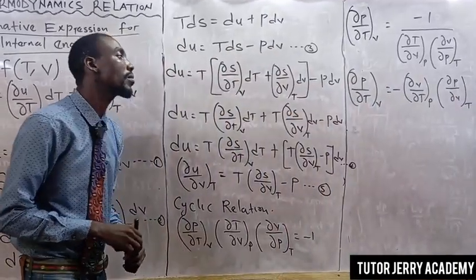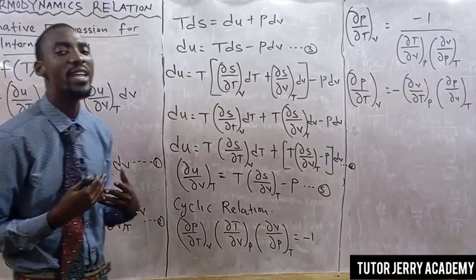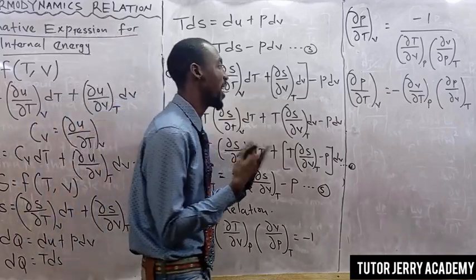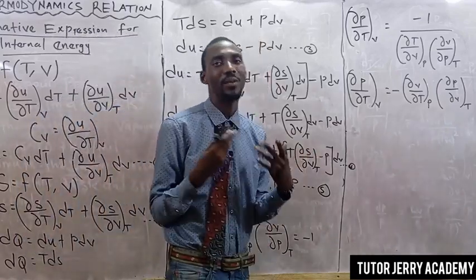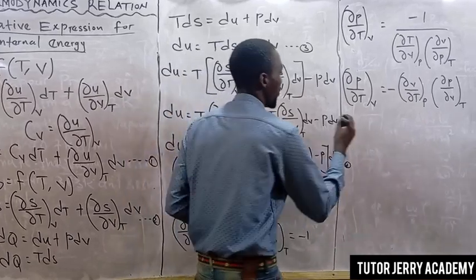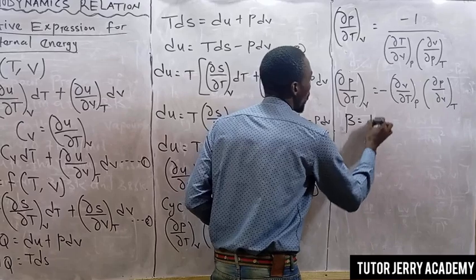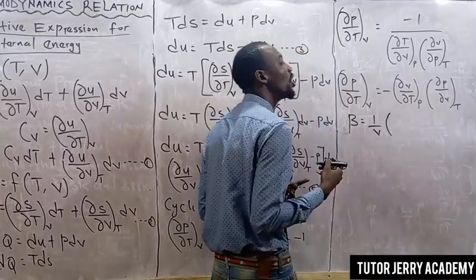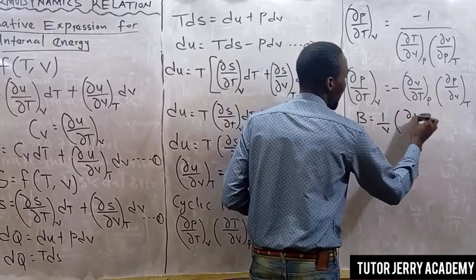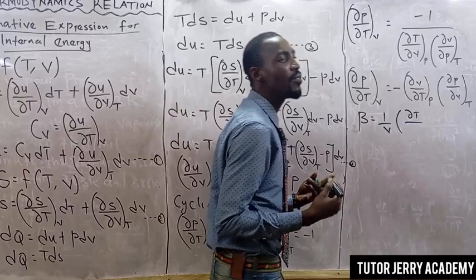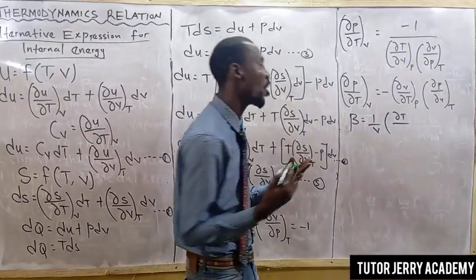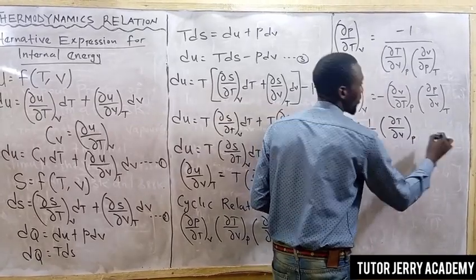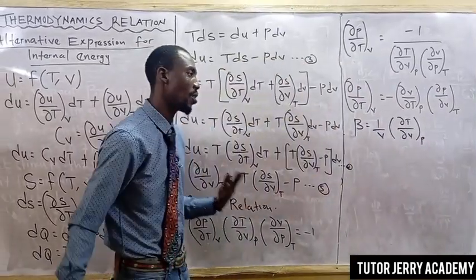All right. So from here, we are going to recall from our cubic expansion that is denoted with beta, that beta is equal to 1 over V into the partial derivative of V all over the partial derivative of T, keeping P constant.